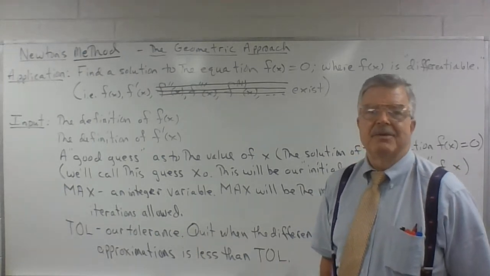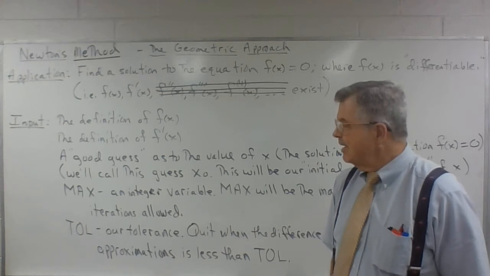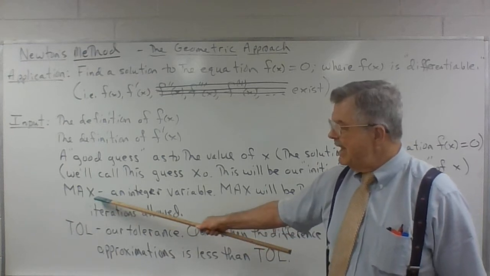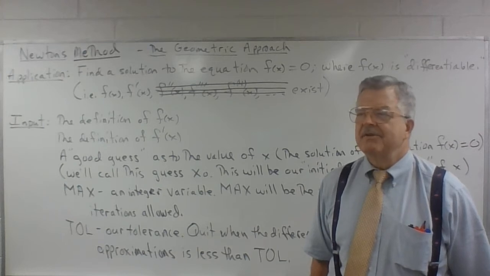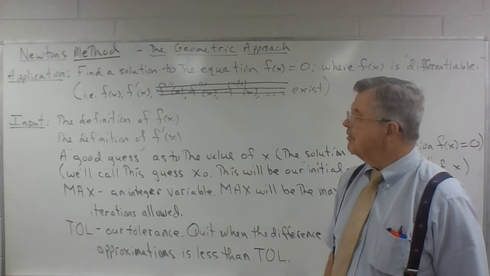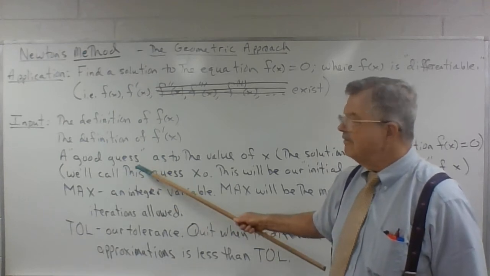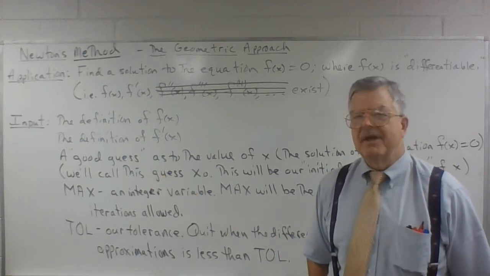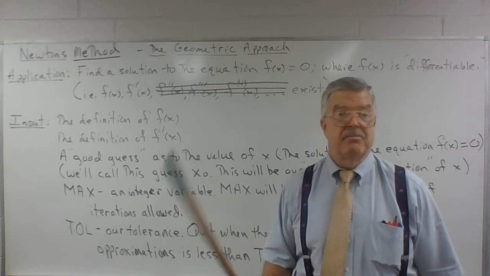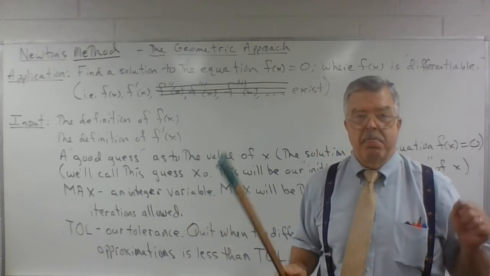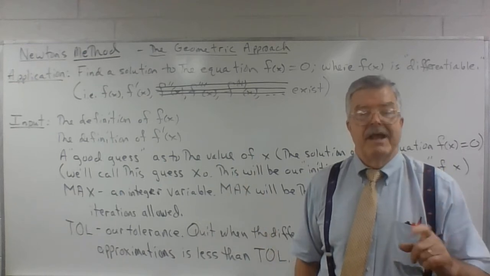Maybe even max equal 10. But anyway, max will be the maximum number of iterations that we allow before we decide that with this initial approximation, the algorithm's not going to converge to the solution. So we quit and we print out a message that says, the algorithm failed.